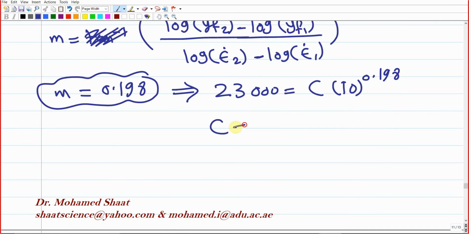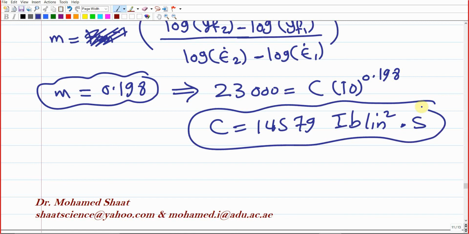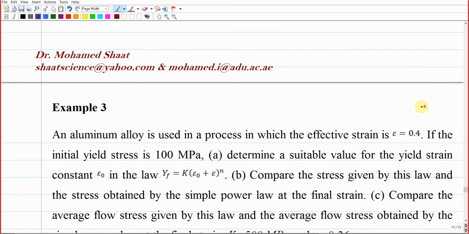If we do the calculation, we shall end up with a value for C, which is 23,000 divided by 10 to the power of 0.198. This is going to give us 14578. So this is going to give us the C. Okay? Make sense?